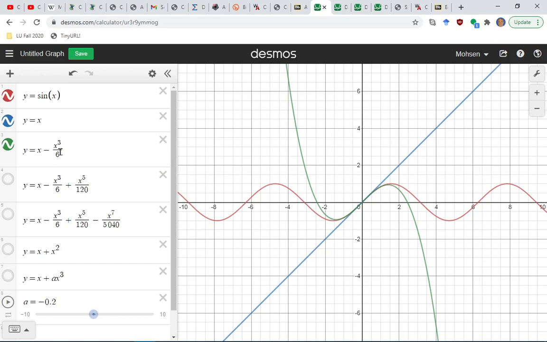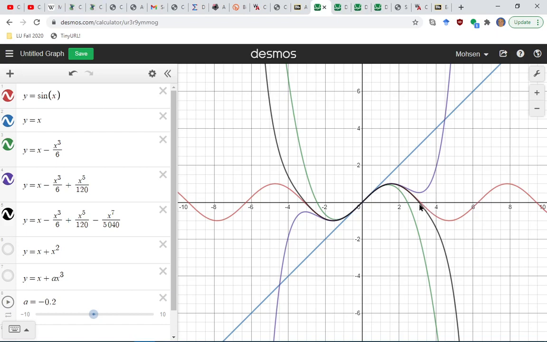We have to calculate x cubed over 3 and subtract it to get this one, and so on. If you want to go up to degree 5, you get this purple one. It comes even closer than the green one, but at the cost of one more term here. You want something better, include power 7. Now we have this black one all the way up to pi almost. It does a pretty good job.